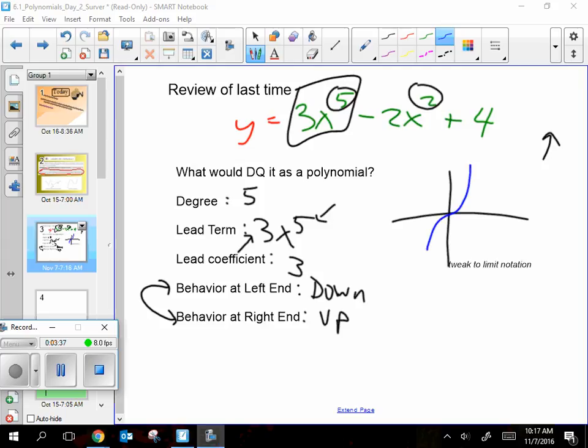Remember that guy? At this point, it's called a point of inflection, where it changes from increasing at a decreasing rate to increasing at an increasing rate. They change types of increasing. Harder for me to draw it the other way, where it's going down this way, and then it changes. I'm terrible at that.